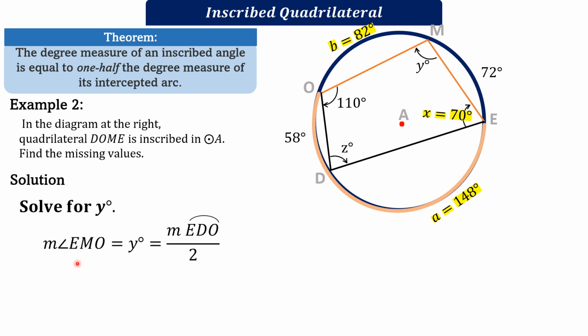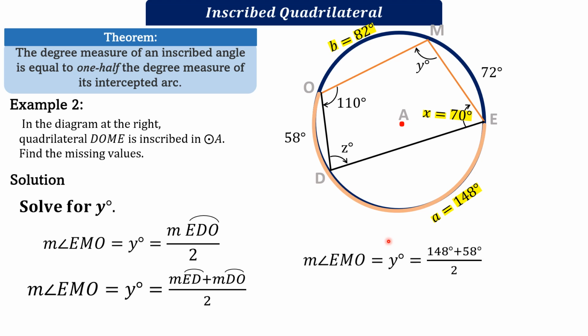Therefore, the measure of angle EMO, or the Y degrees, is equivalent to the measure of arc EDO divided by 2. Substituting the given, arc ED plus the measure of arc DO all over 2, we have 148 plus 58 degrees divided by 2, which is equivalent to 103.